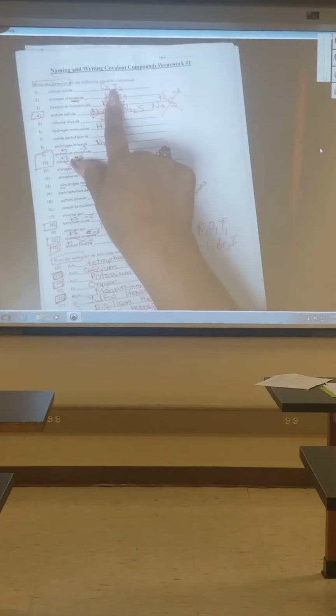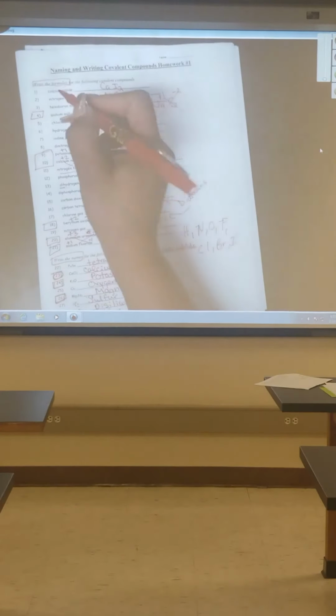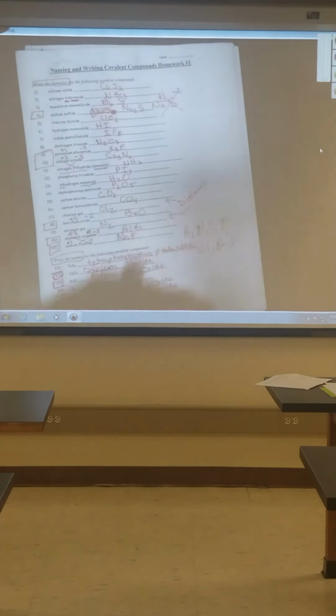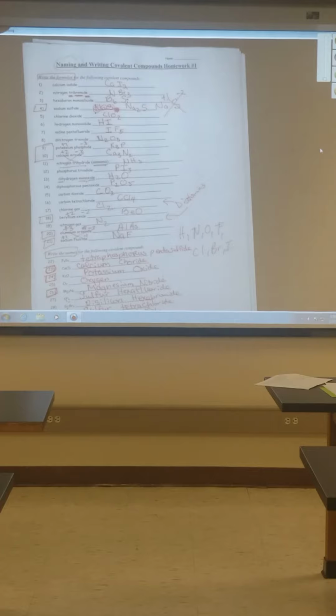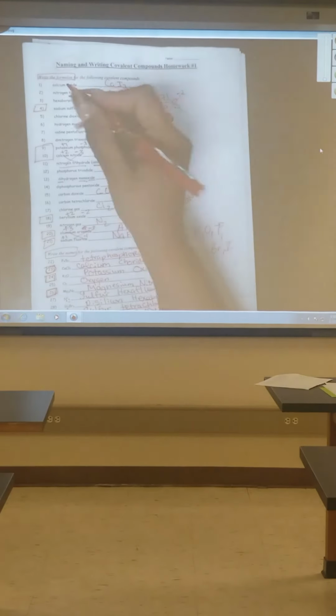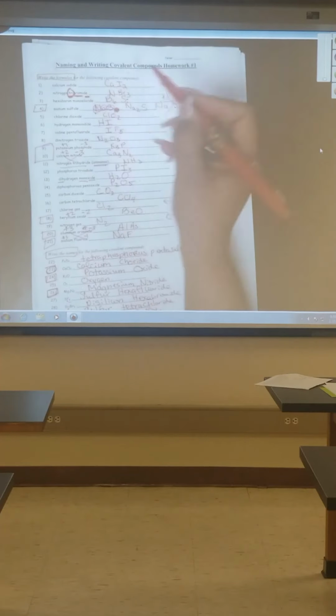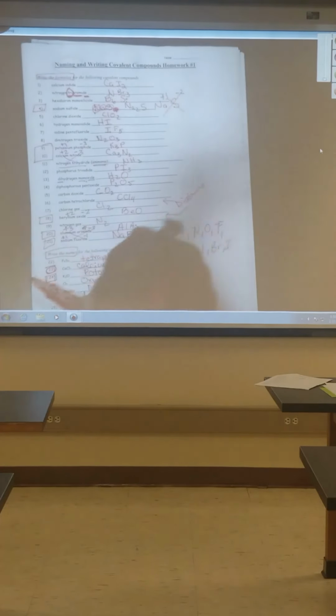Crisscross them, that's how I got CaI2. Nitrogen tribromide: here's how you pronounce this. Tri is the prefix, bromine is the base word, and ide is the ending or suffix. So we write the nitrogen first. The tri indicates that there are 3 bromines, and that's how we write it.